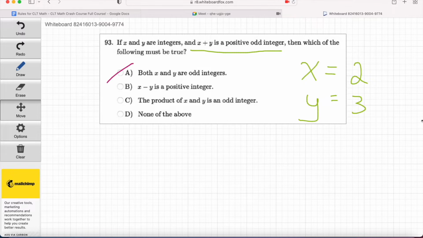Let's try answer choice B. Go and read answer choice B for me, please. x minus y is a positive integer. Is x minus y a positive integer?